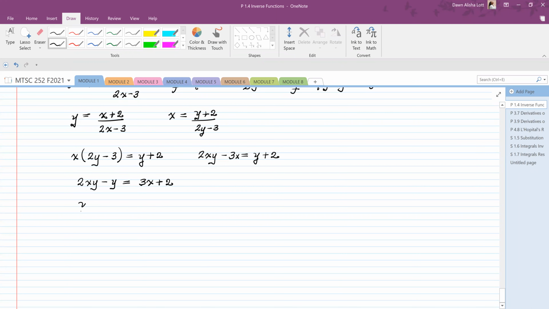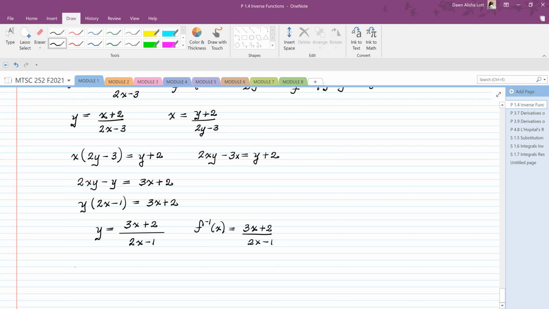Okay, now I get y times 2x minus 1 is equal to 3x plus 2. So y is equal to 3x plus 2 divided by 2x minus 1. And now you can see that this is F inverse. So now I got to write F inverse of x equal to 3x plus 2 divided by 2x minus 1.